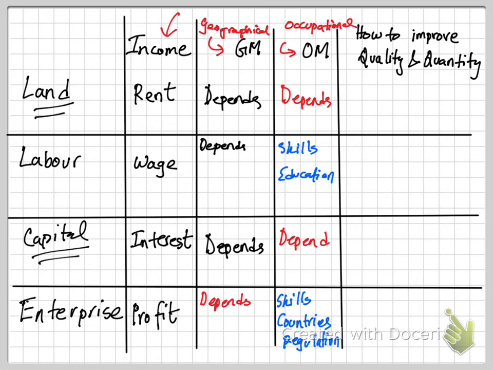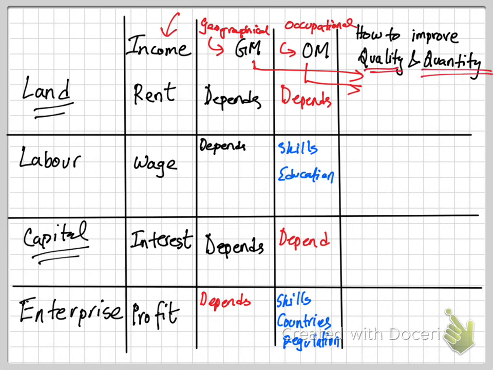So if the government provides a lot of subsidies to, for example, new businessmen, if the government provides subsidies to small business owners, then everyone will be willing to become an enterprise, right? Which increases your occupational mobility. And by using ideas about geographical mobility and occupational mobility, you can actually tell how to improve the quality and quantity of these factors of production.